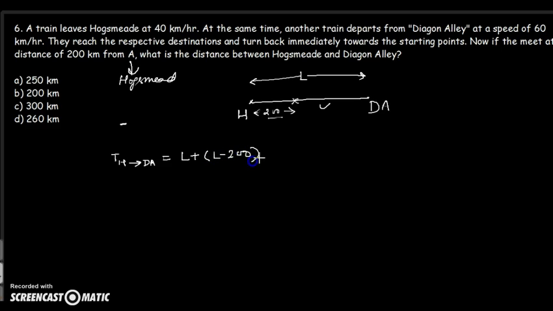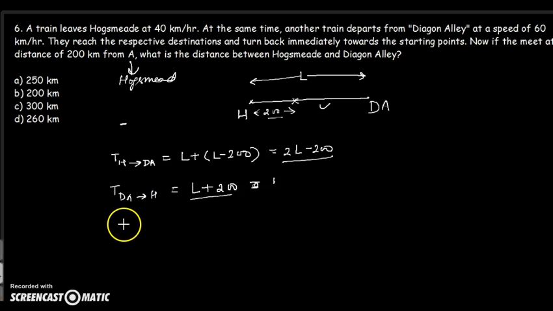So the total distance covered by this train is 2L minus 200. Similarly, the other train that starts from Diagon Alley to Hogsmeade, it covers the entire distance L once, and then it turns back and covers 200 km from Hogsmeade and meets the other train. So these are the two distances covered.